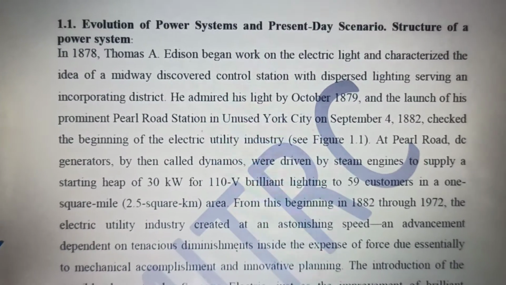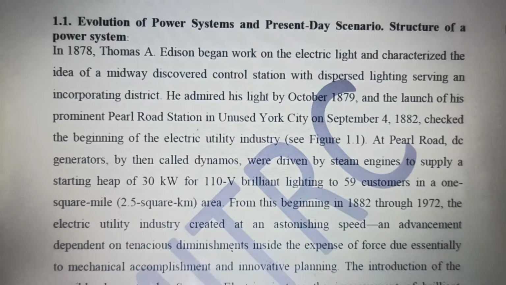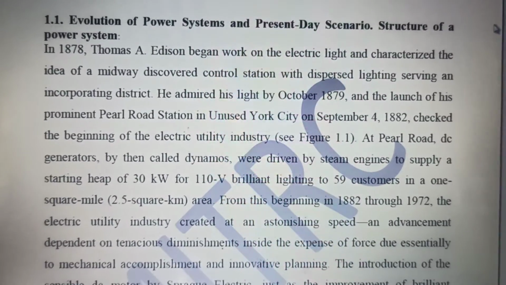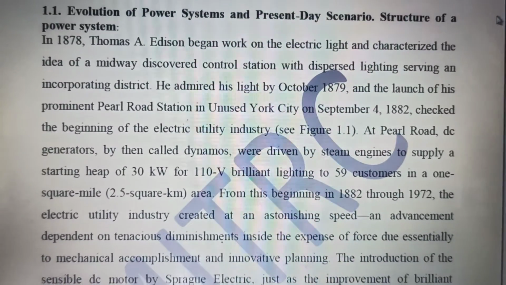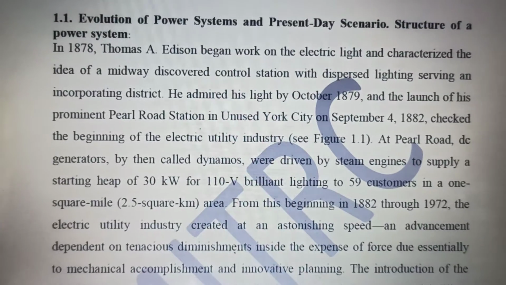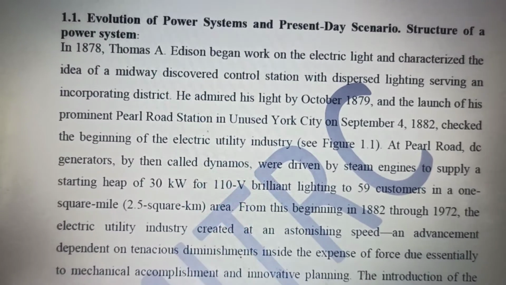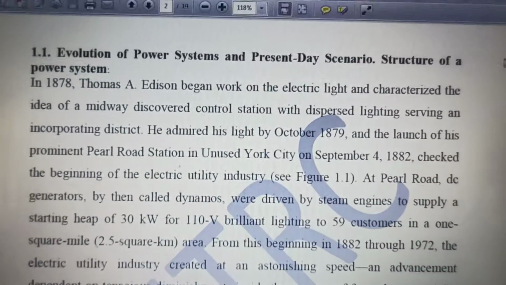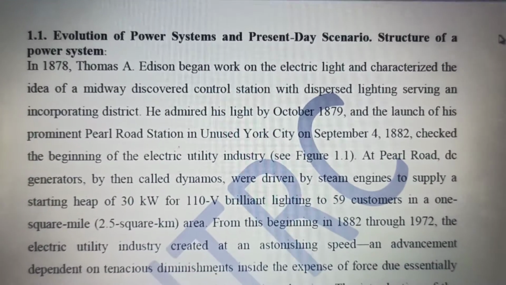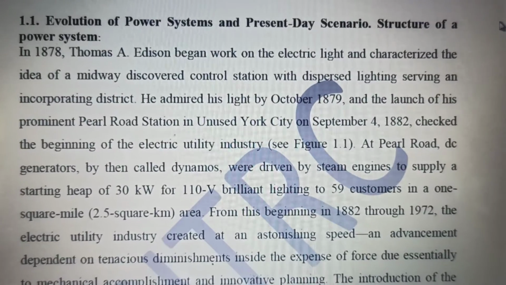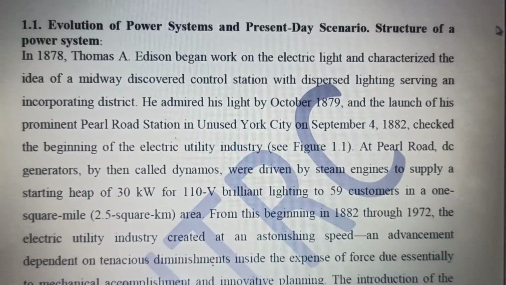So basically, in the first unit, we have to understand how the power systems developed, how the evolution of power system happened. Okay, so it's a very beautiful story, and it started from the USA.